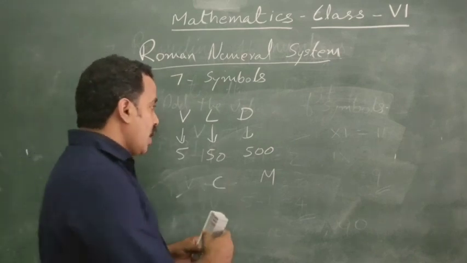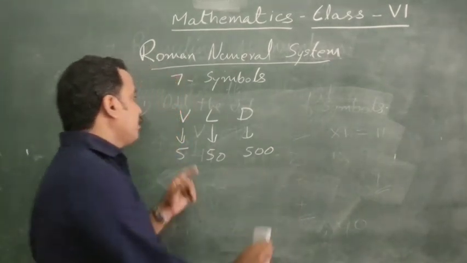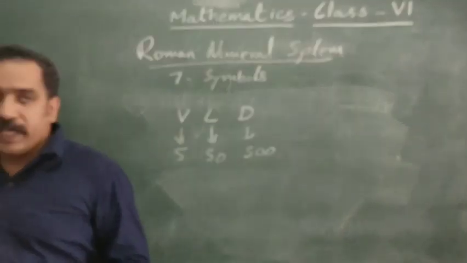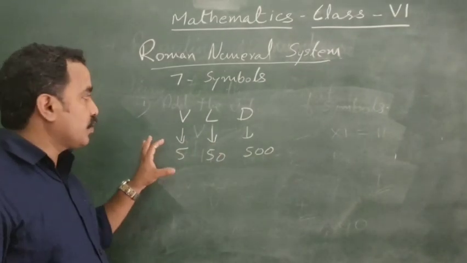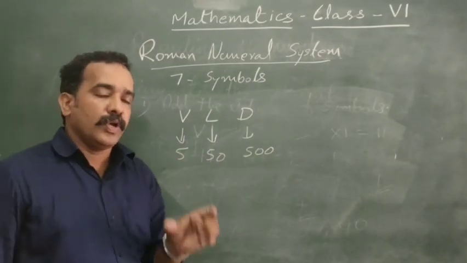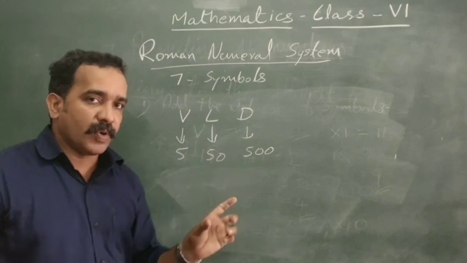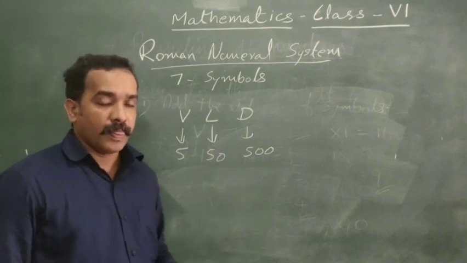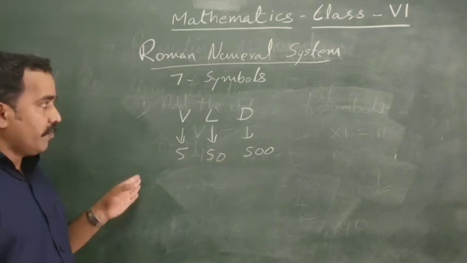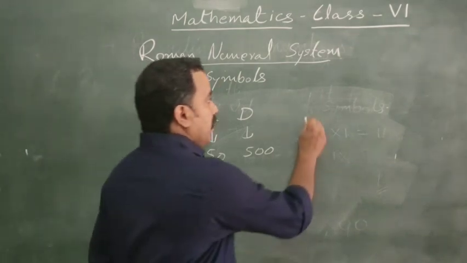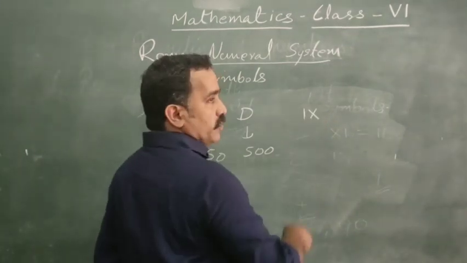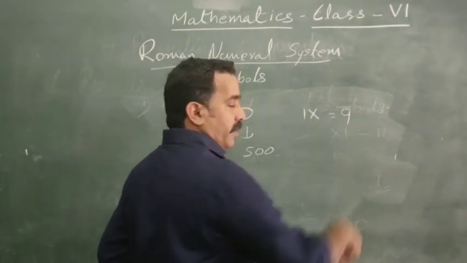That is another rule. And also, these same three symbols V, L, D are not used for subtraction. I told you, whenever we write a small symbol on the left of a big symbol, we usually subtract. For example, 10 minus 1 is equal to 9.